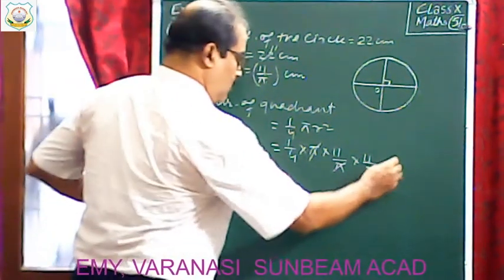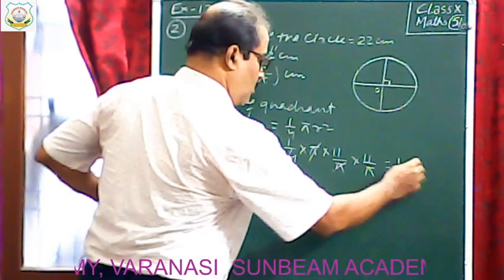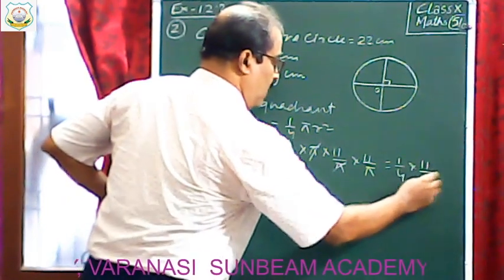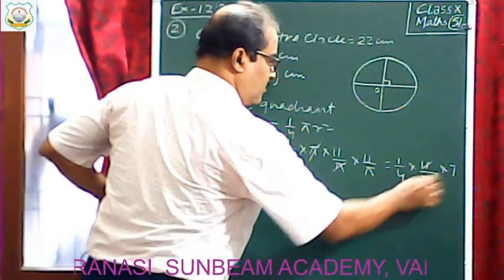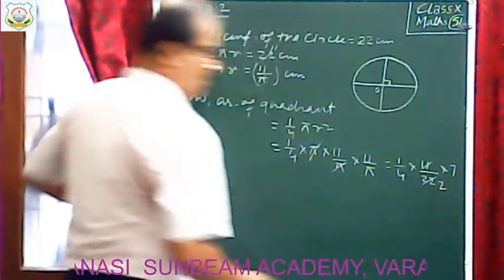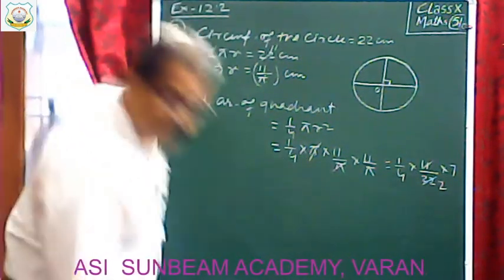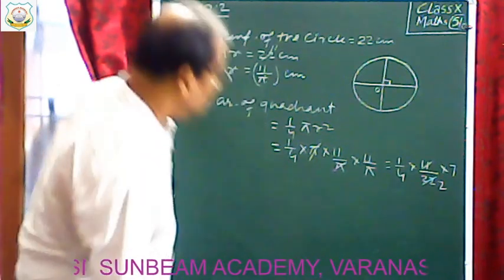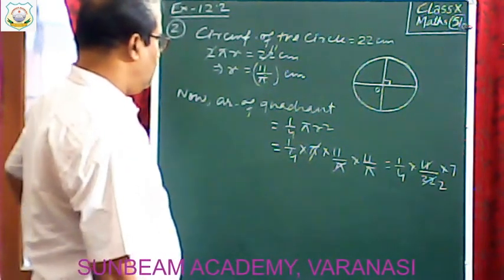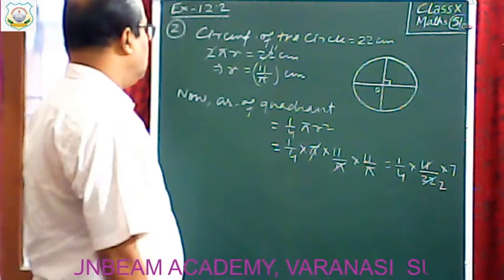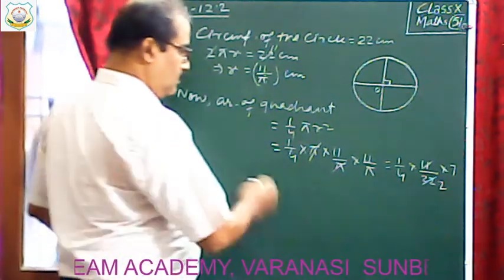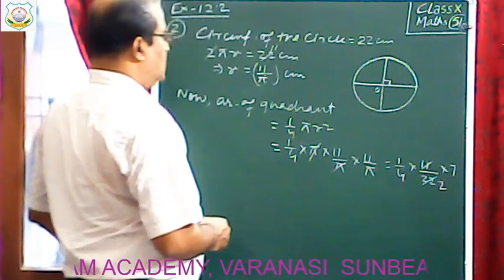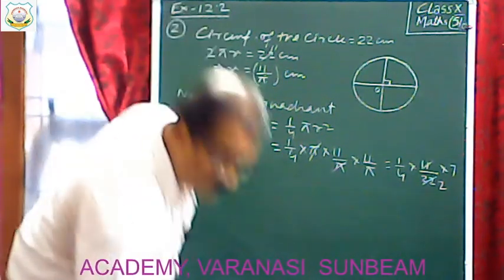So finally calculate 1/4 into 11 upon pi, means 22 upon 7, making reciprocal. Pi r square, 22 centimeter is given.